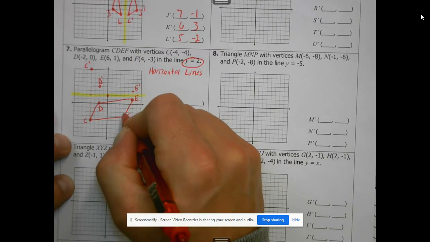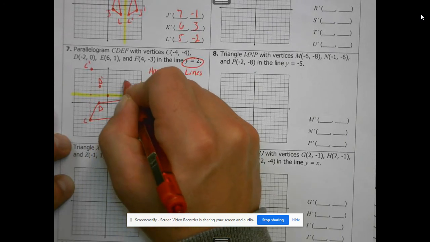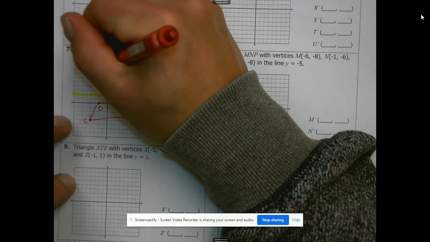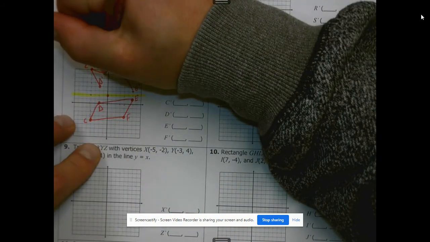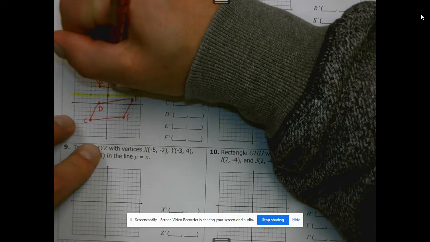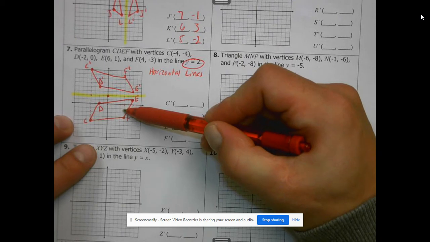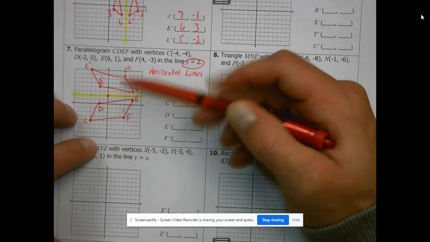F is 1, 2, 3, 4, 5. Connect the pieces. And you bet it checks out. If I were to flip the pre-image over this line, the image and this guy match up very perfectly.